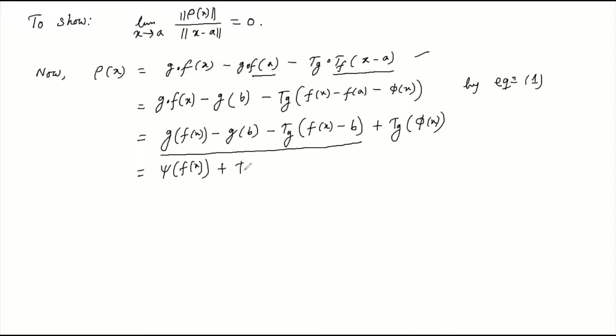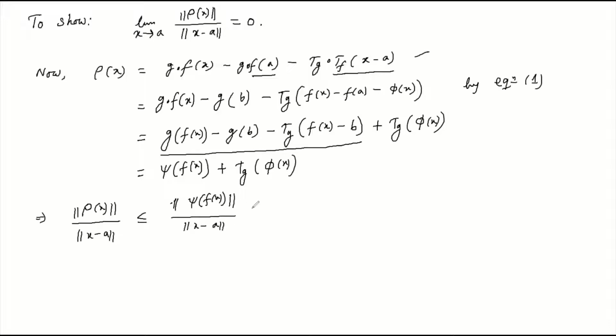Now this implies the norm of rho of x over norm of x minus A is less than or equal to, by triangle inequality, norm of psi of f of x over norm of x minus A plus norm of T_G of phi of x over norm of x minus A.